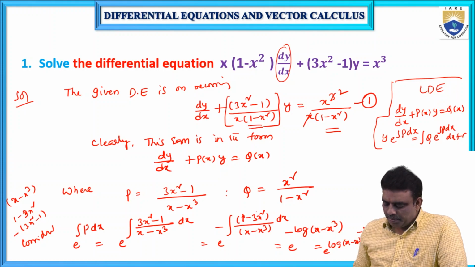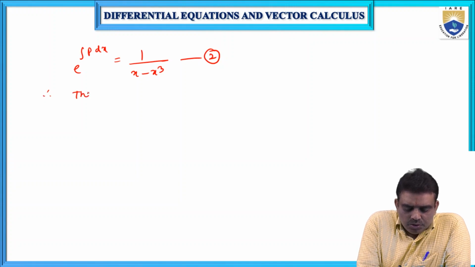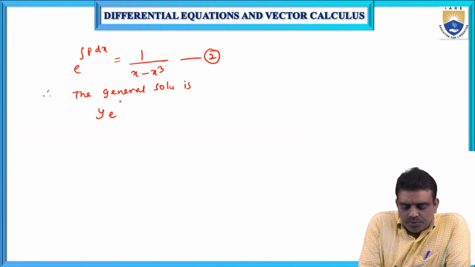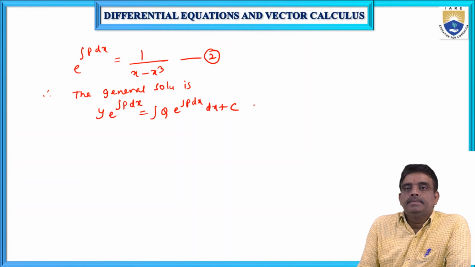So e^(∫p dx) value is already obtained. Now the general solution is y e^(∫p dx) = ∫ q e^(∫p dx) dx + c. That is, y into 1/(x - x^3) is equal to ∫ q, where q is x^2/(1 - x^2), into e^(∫p dx), which is 1/(x - x^3), dx, plus c.